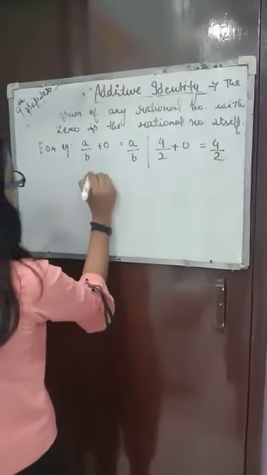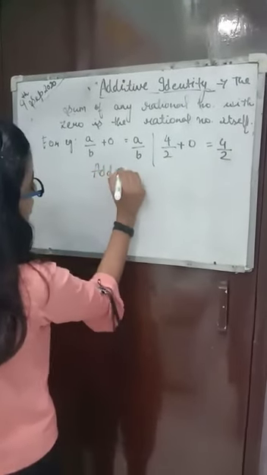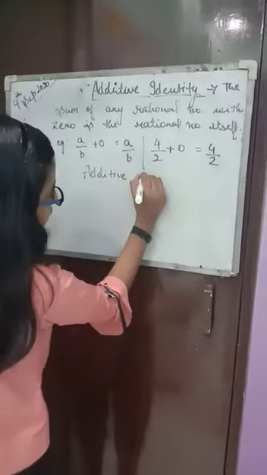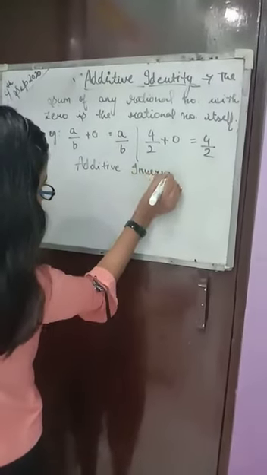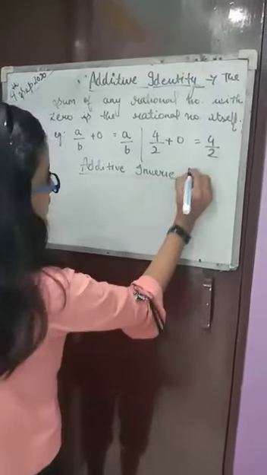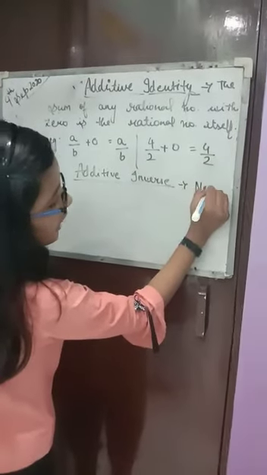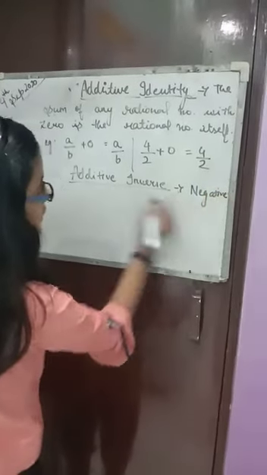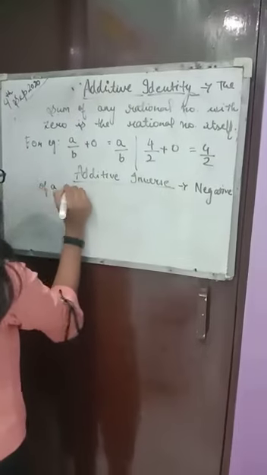The next property, which is additive inverse, the last or the fifth property, says negative of a rational number.